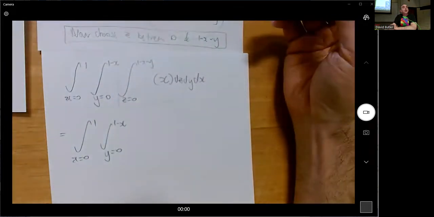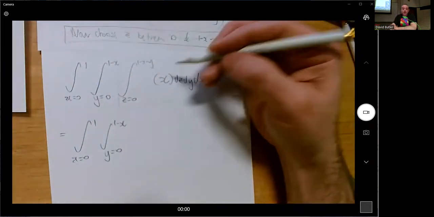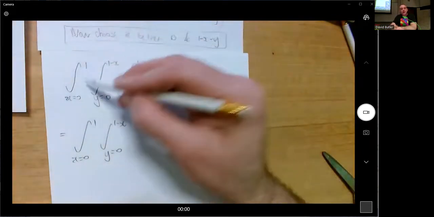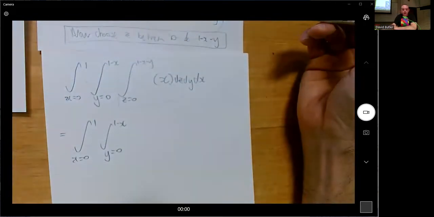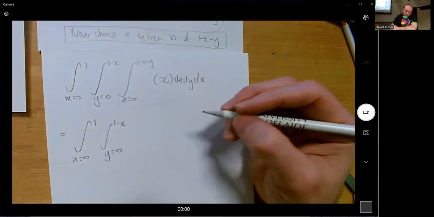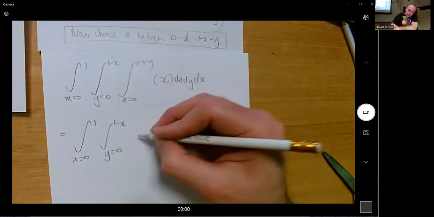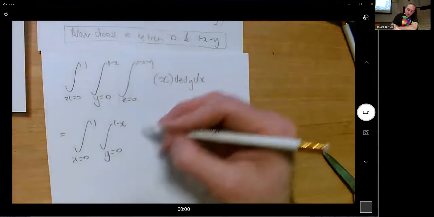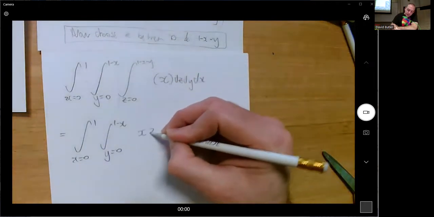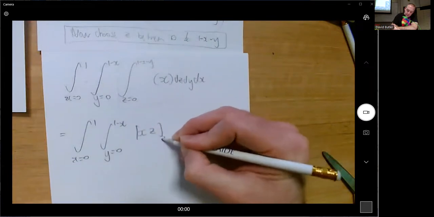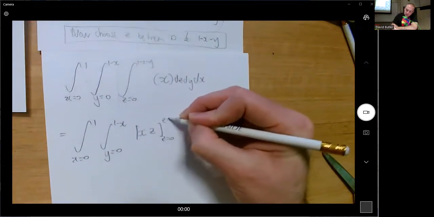If I want, I choose not to for the moment, but I can. I can't pull it out of this one because it's a variable there. So this x is a constant. A constant would have had a z attached to it. And this is going from z equals 0 to z equals 1 minus x minus y.